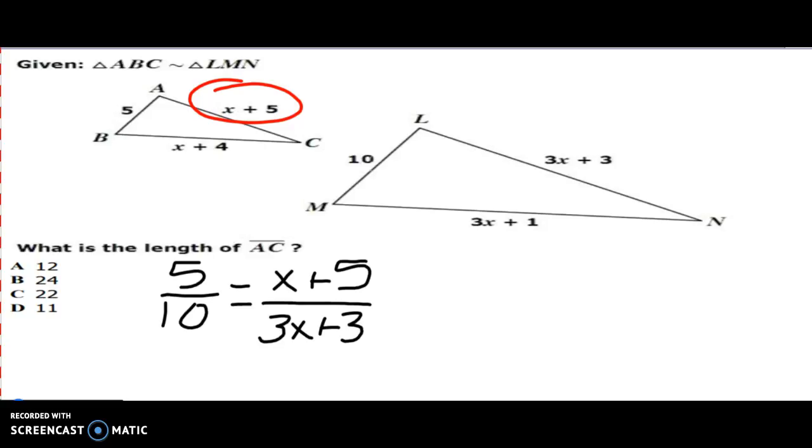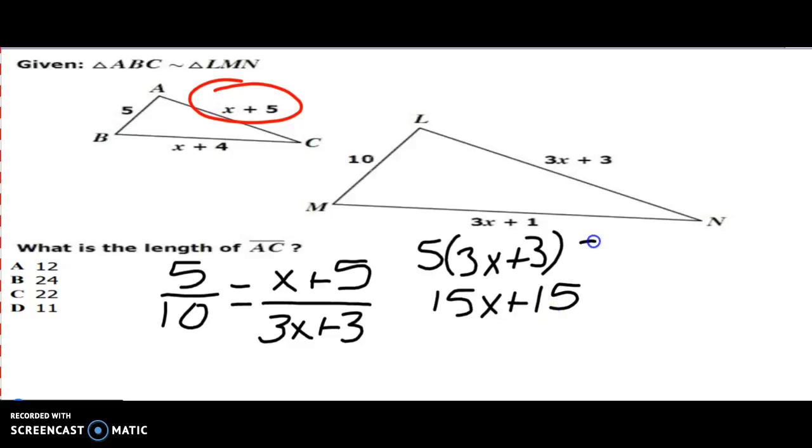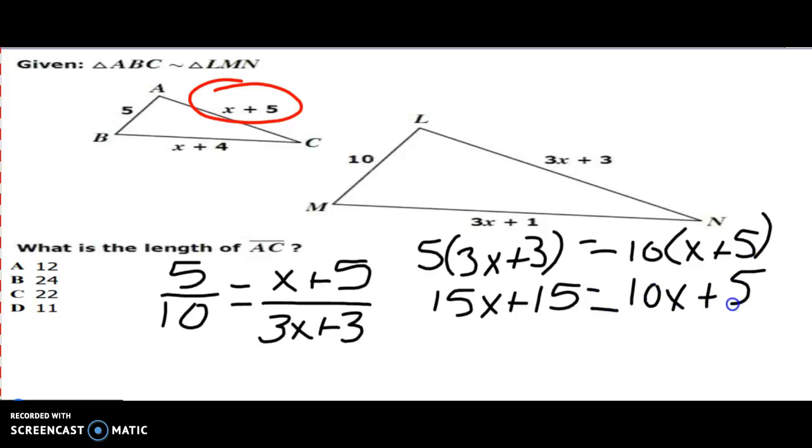Now, when we cross multiply, I have to use my distributive property. So 5 times 3x plus 3 gives me 15x plus 15 equals 10 times x plus 5. Use my distributive property, 10x plus 50. Subtract 10x, so that's going to give me a 5x over here.